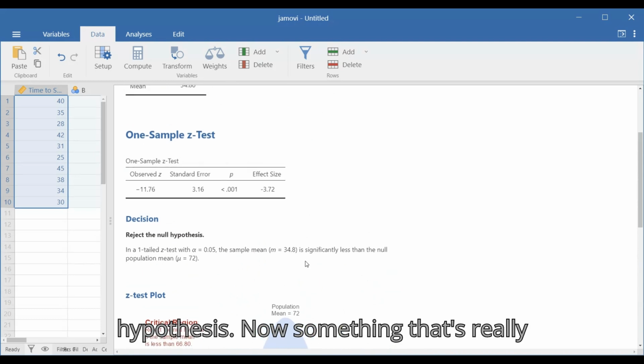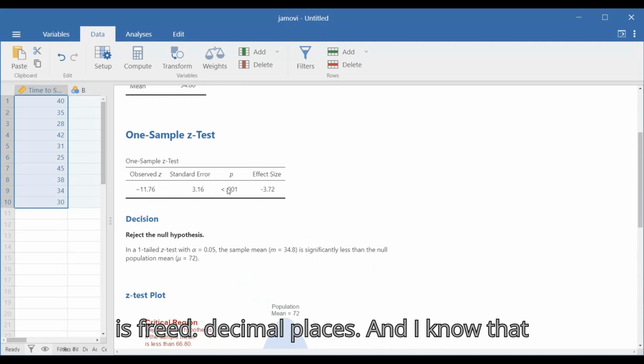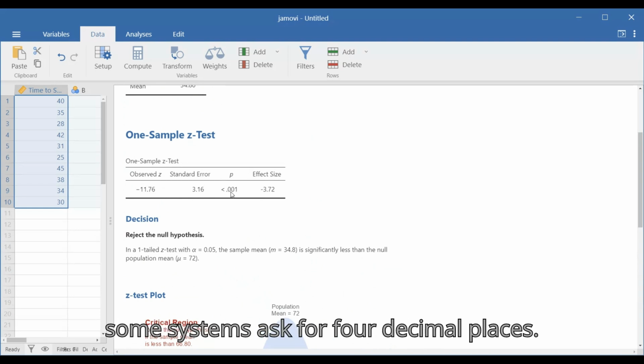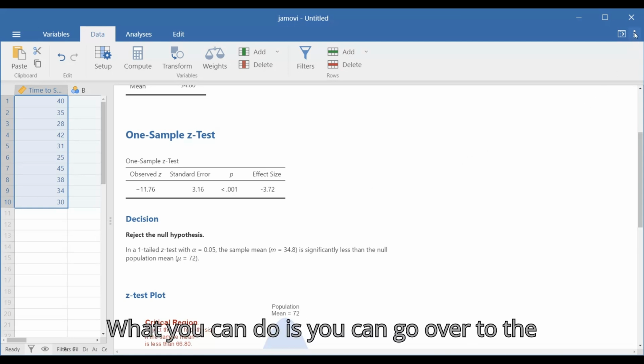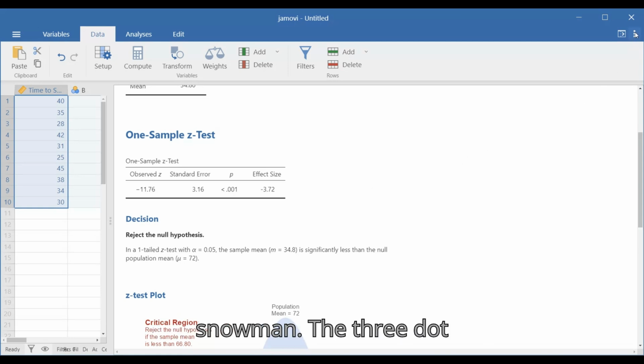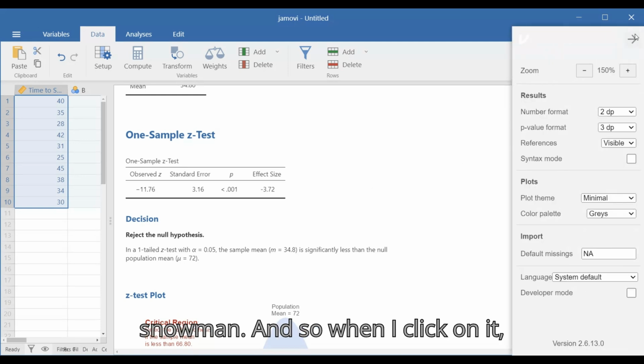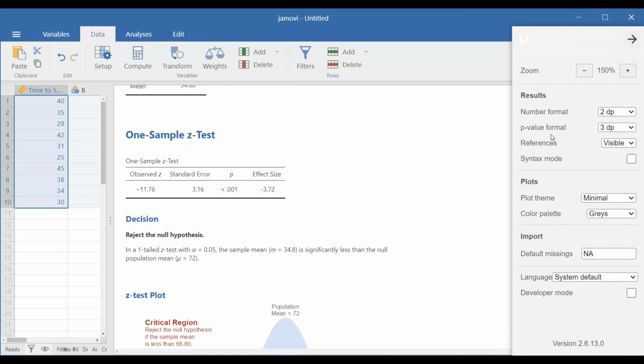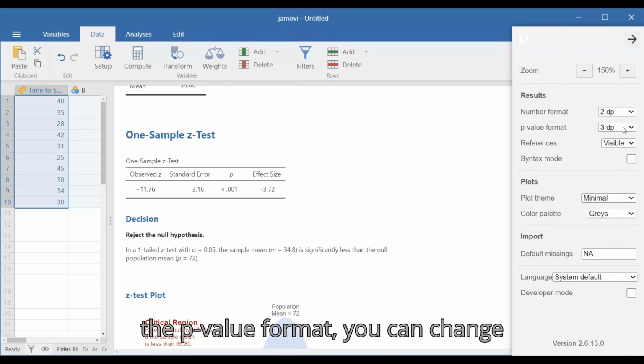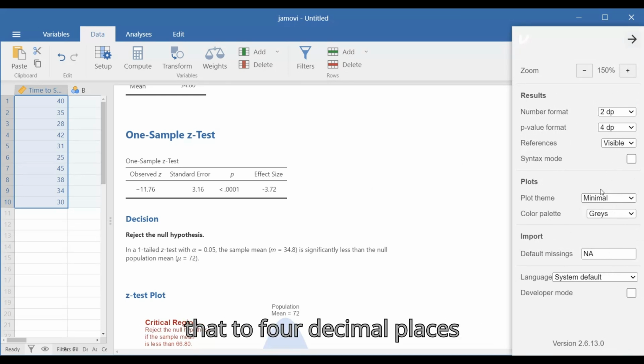Now, something that's really cool that you may not have noticed, this is 3 decimal places, and I know that some systems ask for 4 decimal places. What you can do is go over to the snowman. The 3-dot stacked is considered a snowman. When I click on it, the p-value format, you can change that to 4 decimal places if you need that.